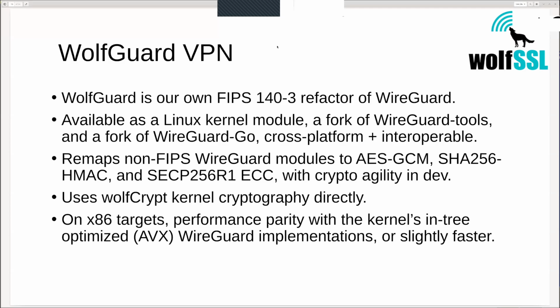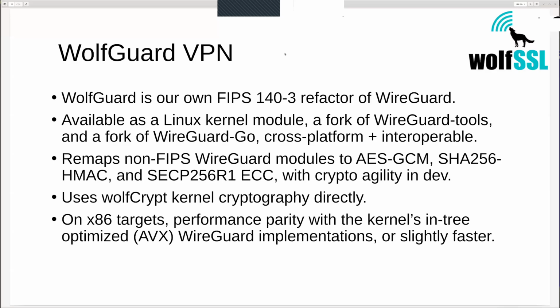And that's what you see currently using AES-GCM and the P256R1 curve: north of 2 gigabits per second per core. So it's pretty good performance, and it works. WolfGuard works exactly like WireGuard.